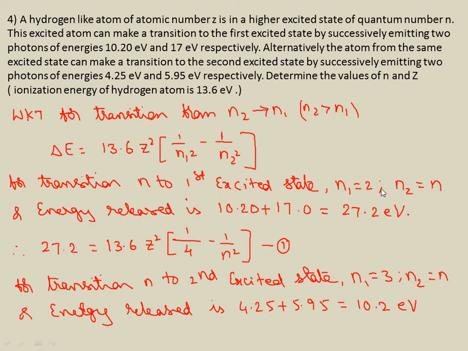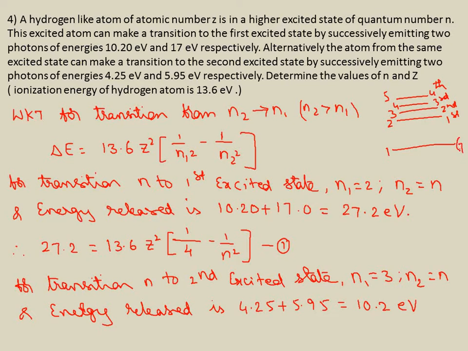If you have a confusion, draw the energy level diagram. It will be better for your understanding. Remember this always: 1, 2, 3, 4, 5. Ground state, first excited state, second excited state, third excited state, fourth excited state, and this is ground.